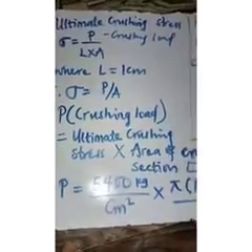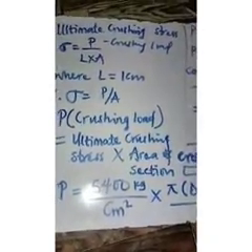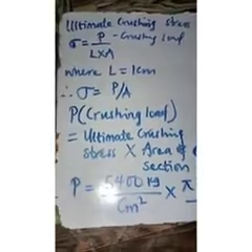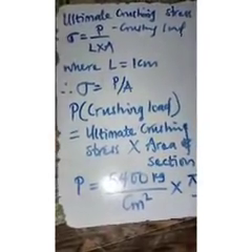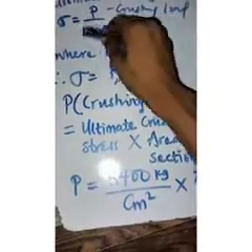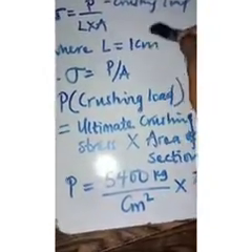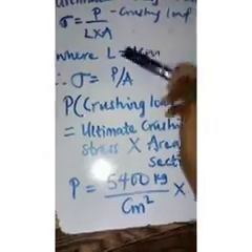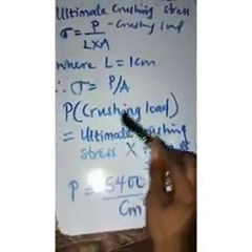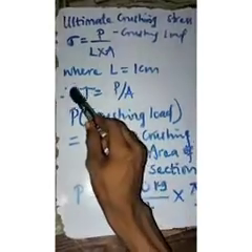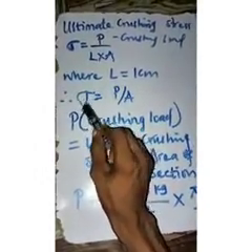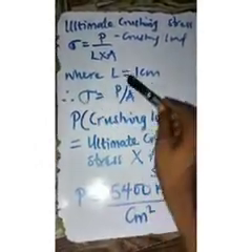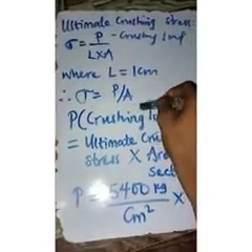So for ultimate crushing stress, you can remember that the original formula is the crushing load over the area, and the length here is 1 centimeter. It's just default. So your stress can now be equal to, this is the ultimate crushing stress, now your load over area.